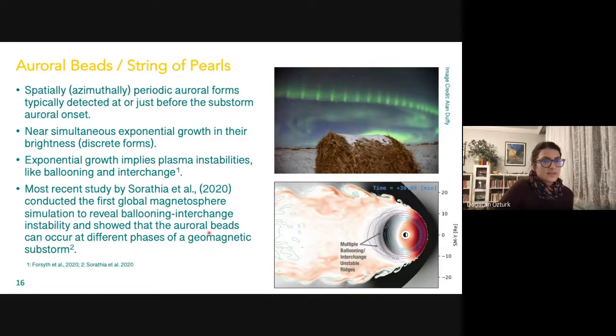And what they have shown is that these ballooning and interchange type instabilities can occur basically at any point in a substorm cycle. So they're not only confined in the time interval prior to a substorm onset.